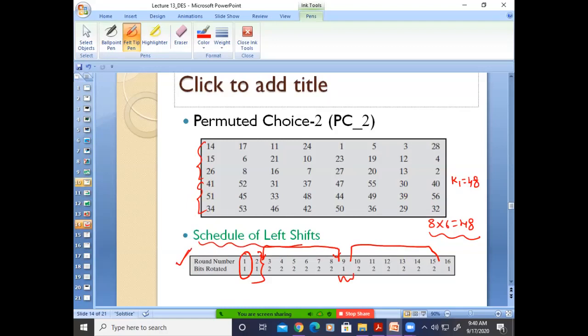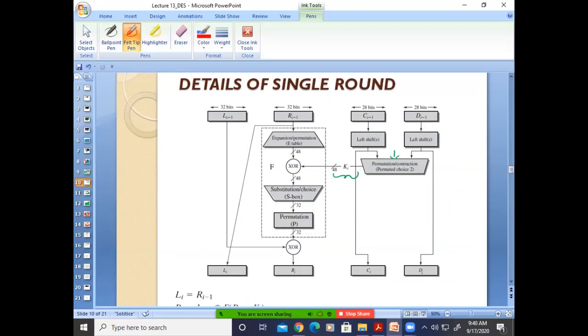So we have come up to here. 64 to 56, then left shift, then permuted choice 2 converts 56 to 48 bits, and after the left shift those bits go to the next stage to generate one more key. Now when we come to the round function, see what is happening. Again 2 halves.